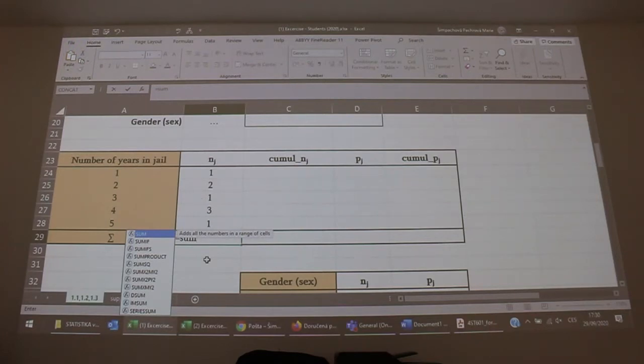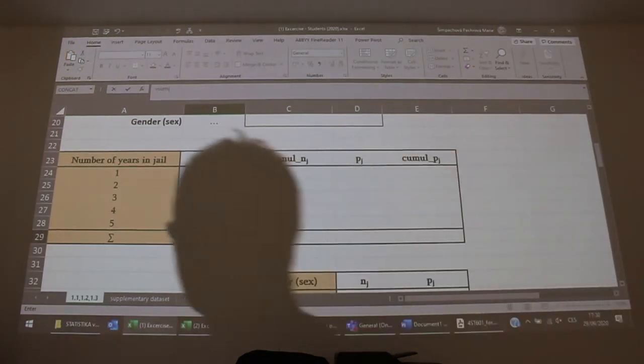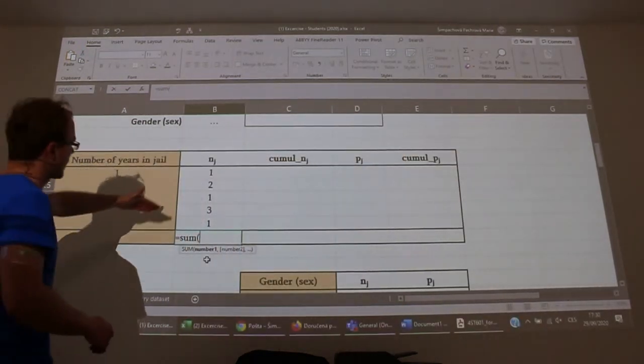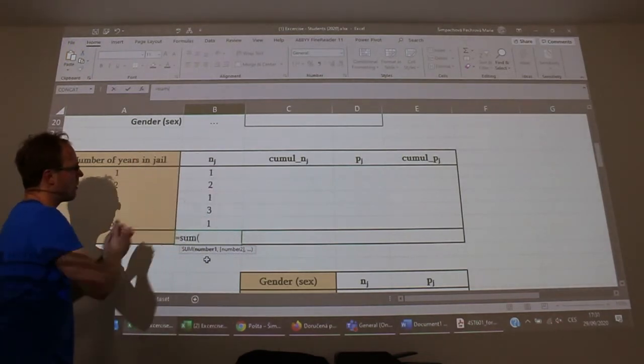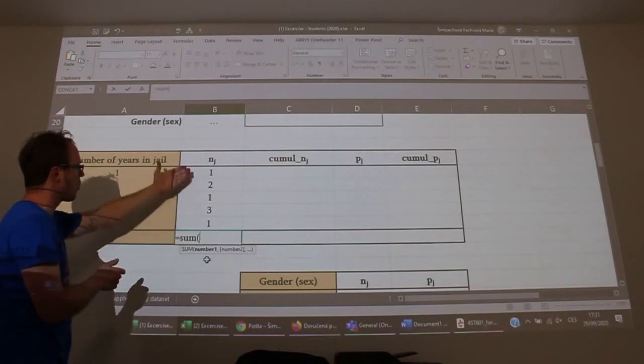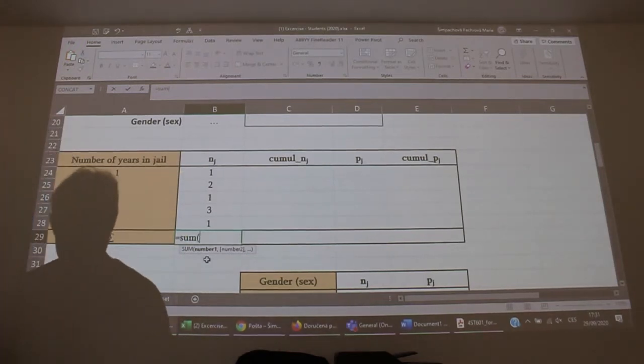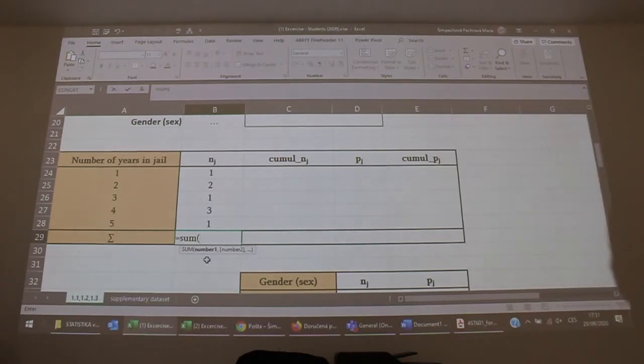We can open parentheses and select numbers. So select by the pointer these values, close parenthesis, enter, and you can see 8, 8 persons in total in the jail.